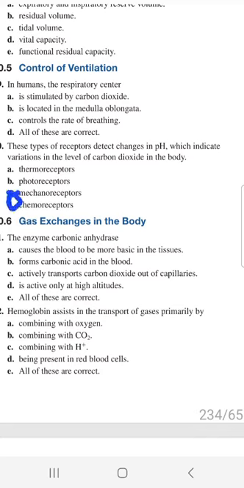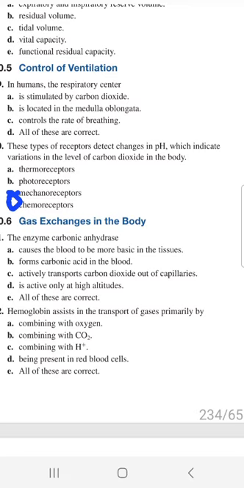The enzyme carbonic anhydrase causes the blood to be more basic in the tissues. Actually, what this enzyme does is facilitate the breakdown of carbonic acid. When carbon dioxide mixes with water, it forms carbonic acid, and this enzyme facilitates this process.